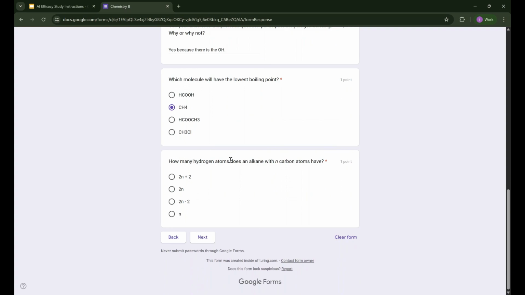How many hydrogen atoms does an alkane with N carbon atoms have? Oh, I think those are like the rings, right? So let's see. 1, 2, 3, 4, 5. It's 1, 2, 3, 4.